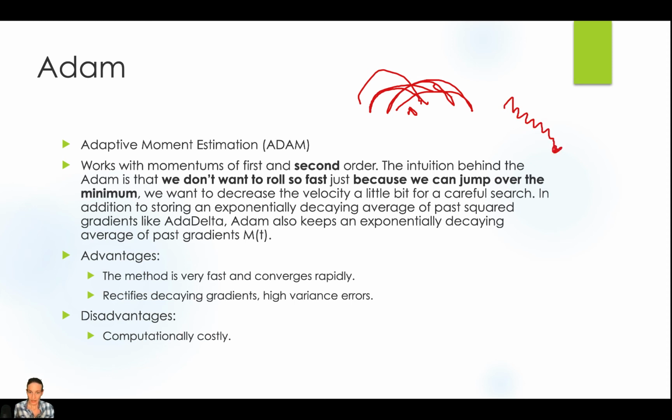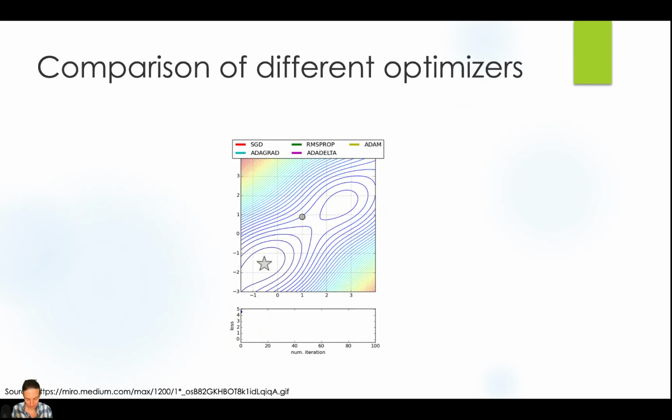I'm not going to go into details about how the maths inside these optimizers work, but suffice it to say that the method is very fast and converges rapidly. It doesn't have the decaying gradient problem, but it is still computationally costly. So keep that in mind when you're selecting an optimizer for your problem.